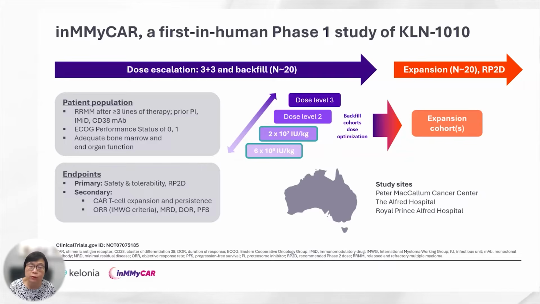Our primary endpoints were to determine the safety and tolerability and the recommended phase 2 dose, while secondary endpoints were to assess CAR T cell expansion and persistence, the overall response, the assessment of minimal residual disease, the duration of response, and progression-free survival.